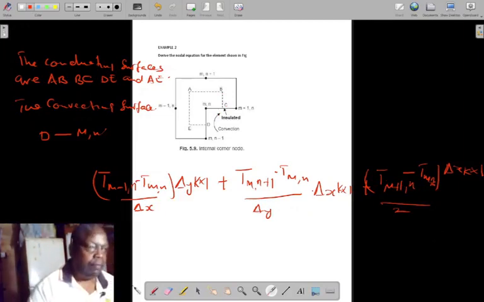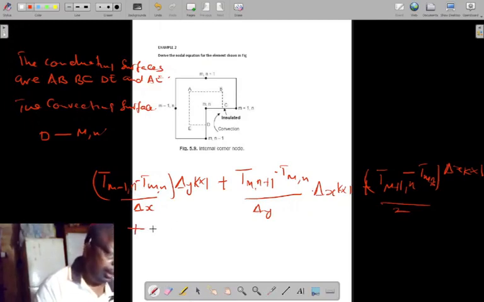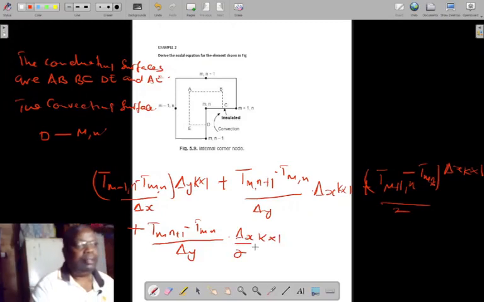And then we'll have plus Tm, n plus 1 minus Tmn divided by delta y, and this will be delta x, and we'll have a half k times 1.